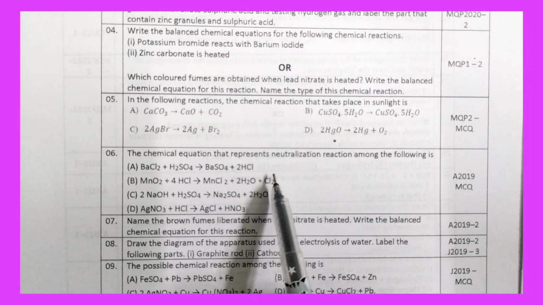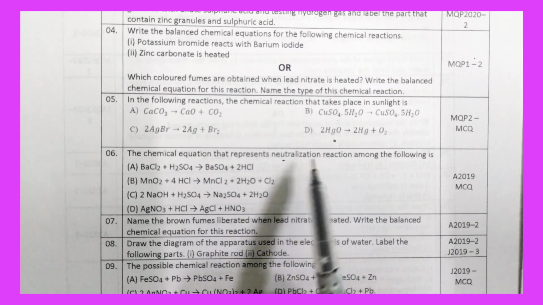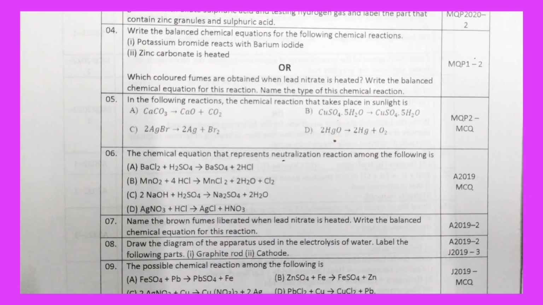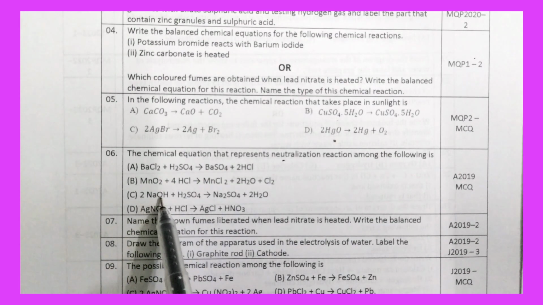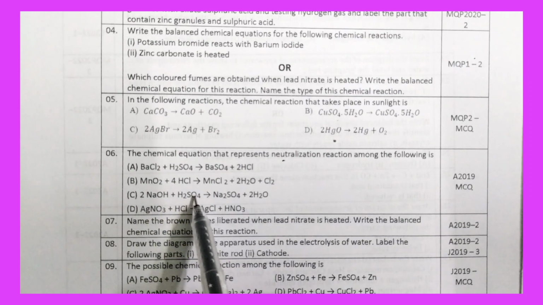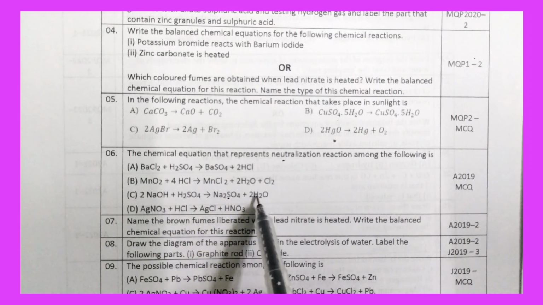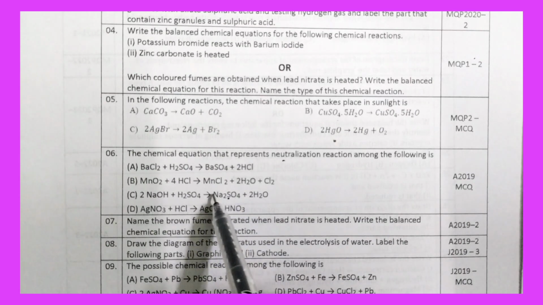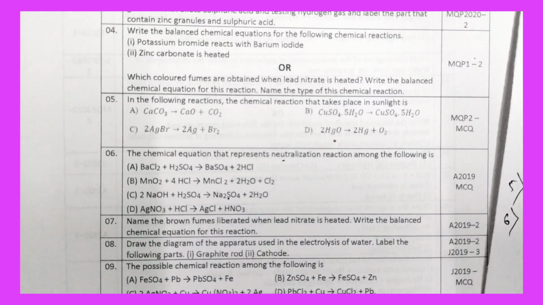Look, it should come to your mind that neutralization means an acid and a base must react. Check where an acid and a base are reacting. Look at option C: sodium hydroxide, which is a base, and sulfuric acid, which is an acid. Acid reacts with base to form salt and water. So 2NaOH plus H2SO4 gives rise to, the name of the salt is sodium sulfate. So among these four, option C is the right answer.